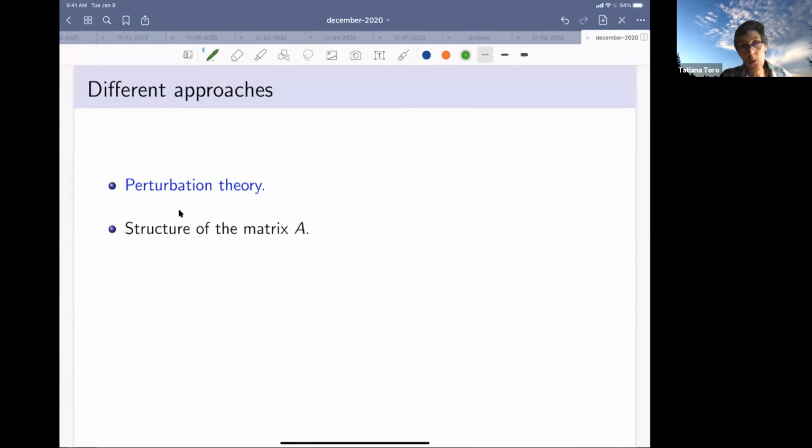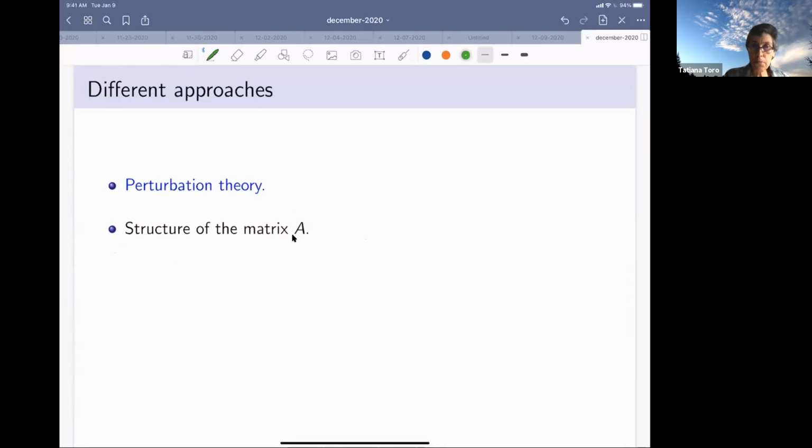Let me give you two very rough examples. Imagine your domain is the ball, and the matrix only depends on the radial variable. Or you are on the upper half plane and your matrix is independent of t.